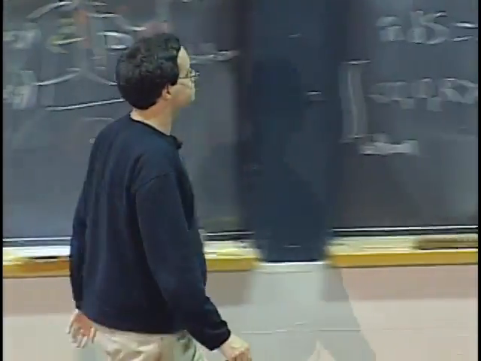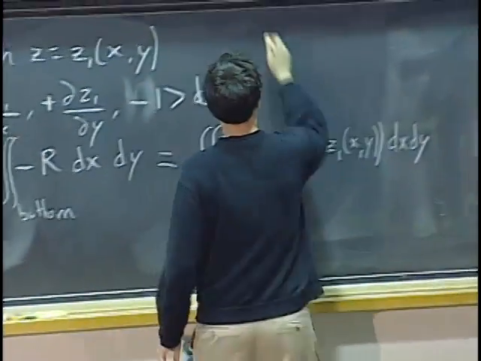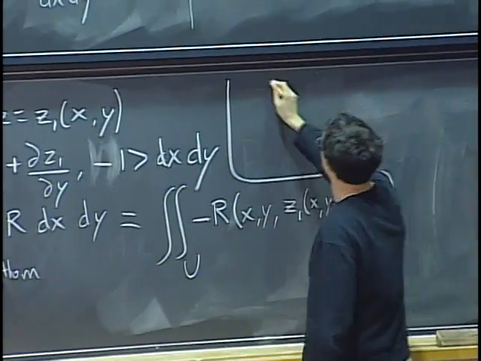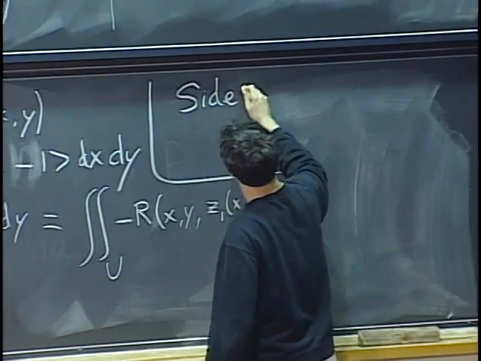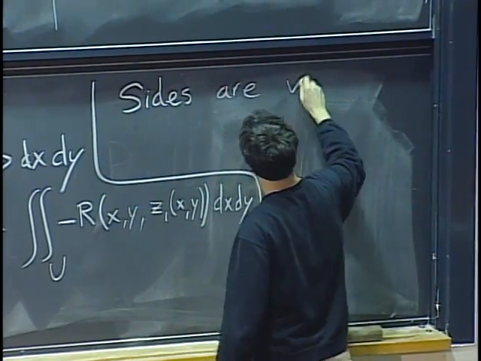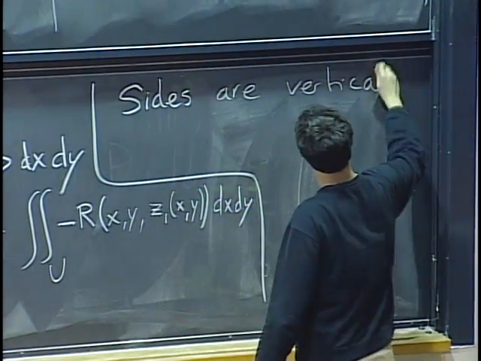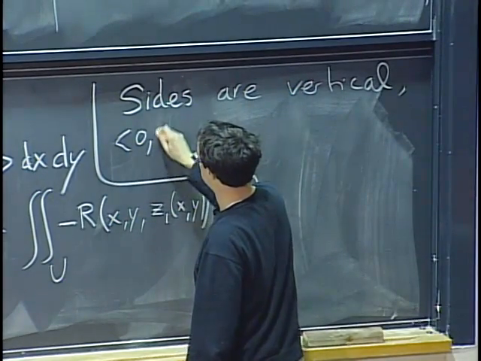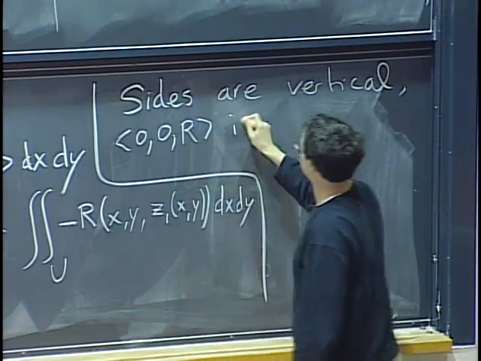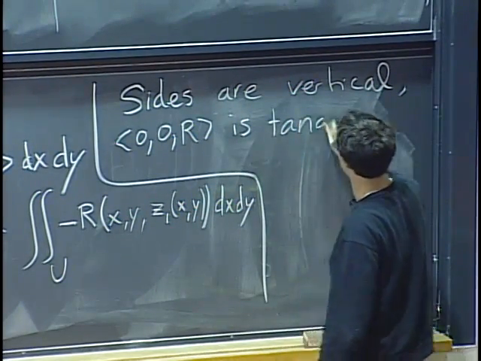So the sides are vertical. So 0, 0, r is tangent to the side.